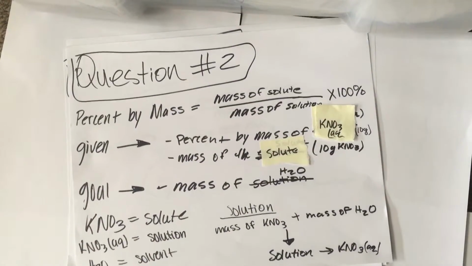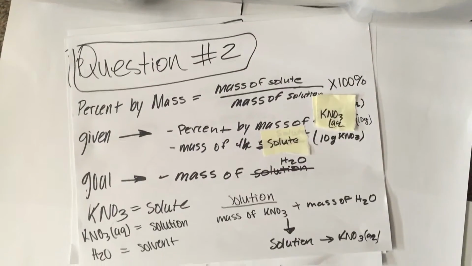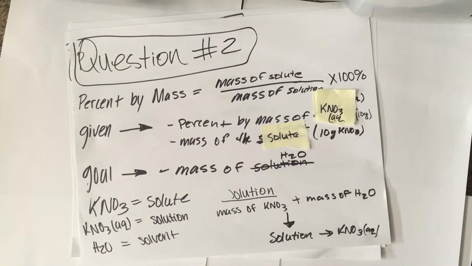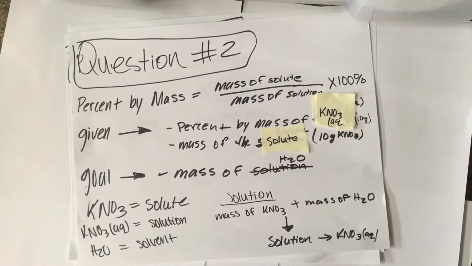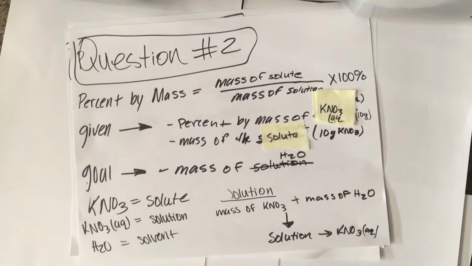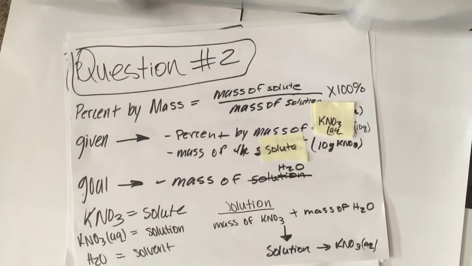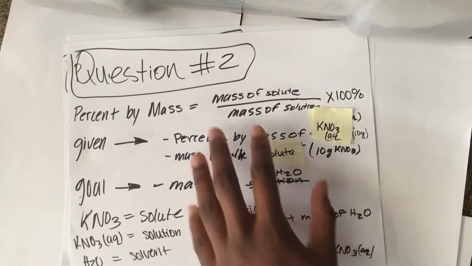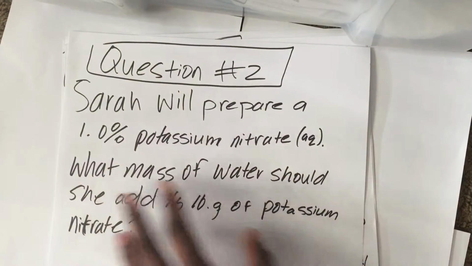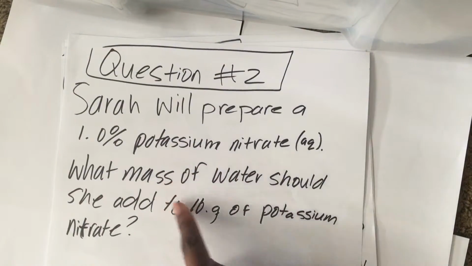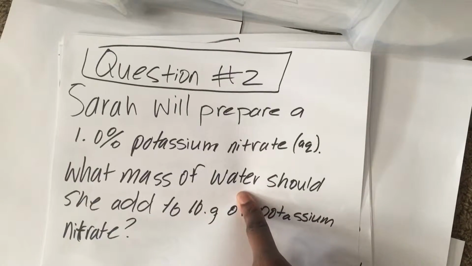So KNO3 in this problem is the solute, KNO3 aqueous is the solution, and H2O is the solvent. Here's the tricky thing about this problem. Most of the time, people would probably just solve for X and that'll be the answer. But in this problem, it says Sarah will prepare a solution, but what is the mass of the water?